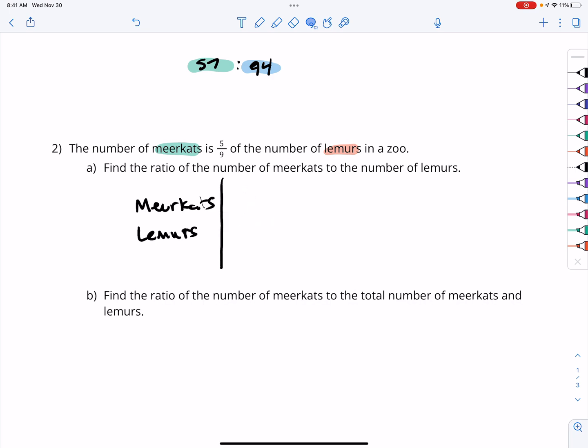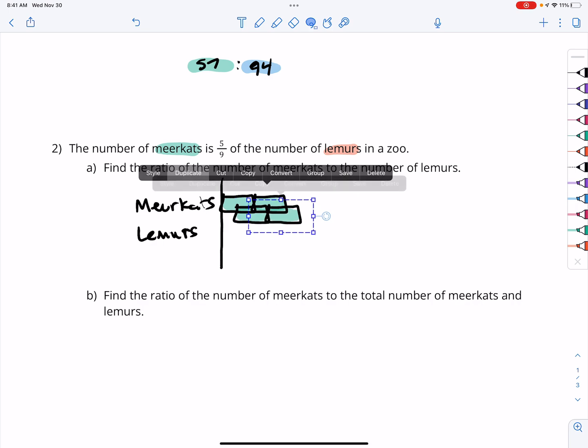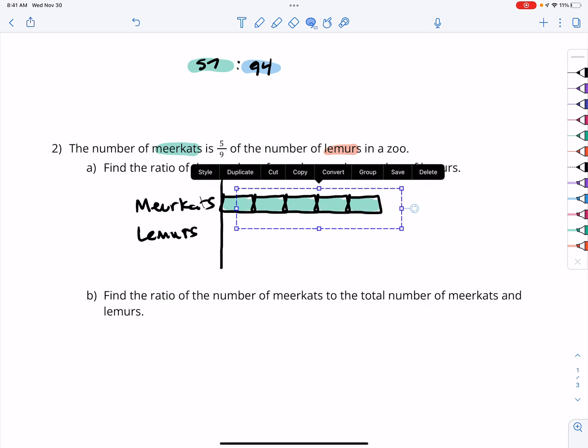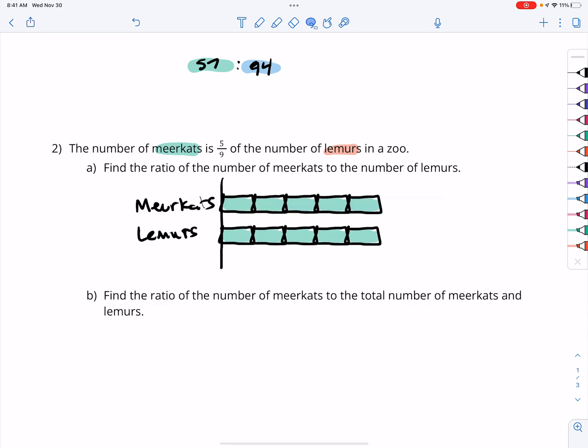So I'm going to take a real quick moment, do my drawing here. Meerkats were green, and we need 5 of these. Duplicate, there's 2. Grab a couple more of those. There's 4, and then I'll grab one more. There's our 5, and then we need 9 lemurs. So I'm just going to duplicate that. There's 5 of them, and then I need 4 more. And I am going to make these orange to match.